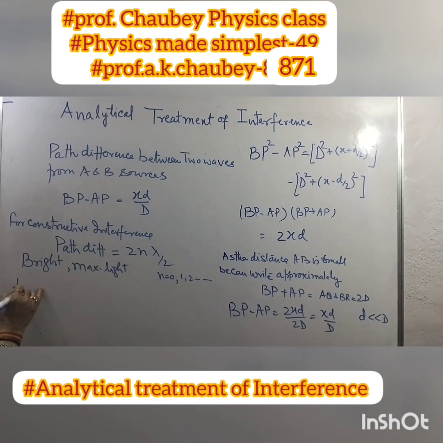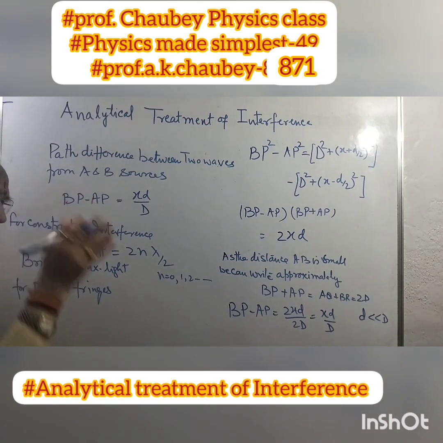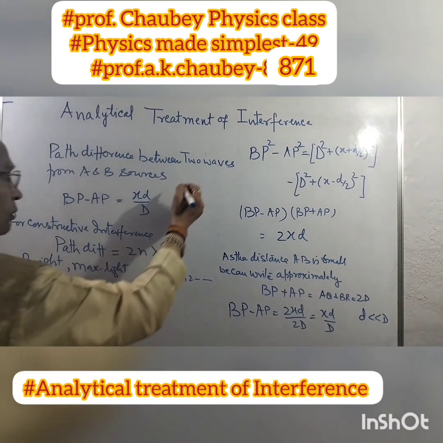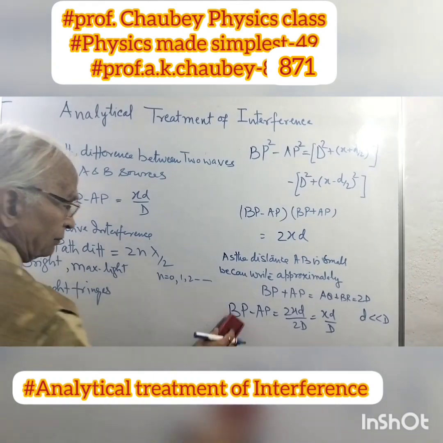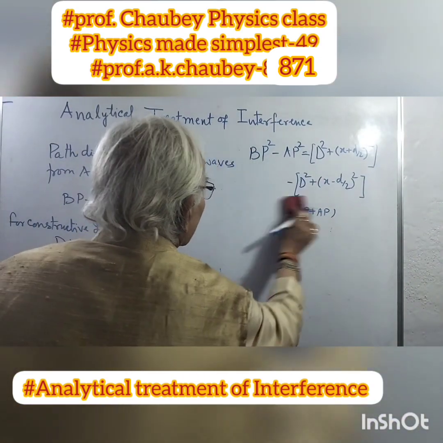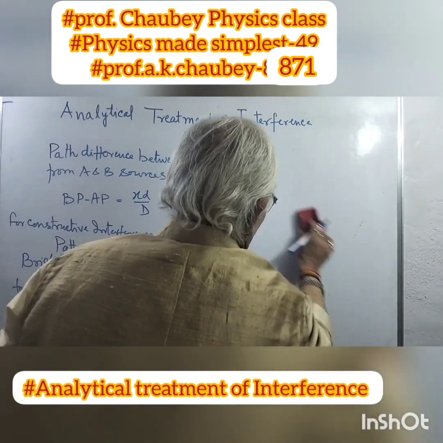So for bright fringes, on the screen we are getting fringes, meaning bright then dark, bright and dark. You will see alternate. You have seen the screen last time.